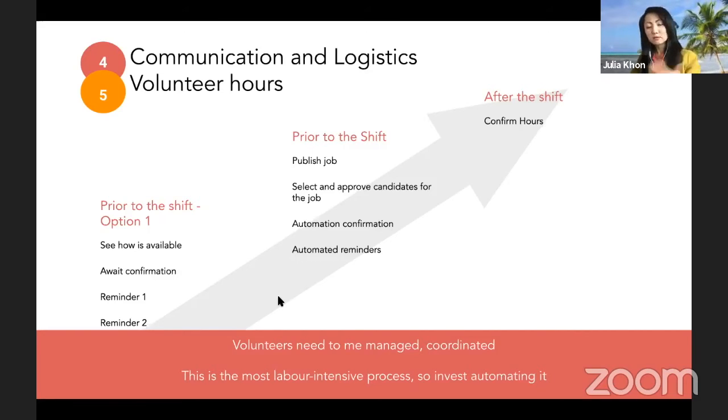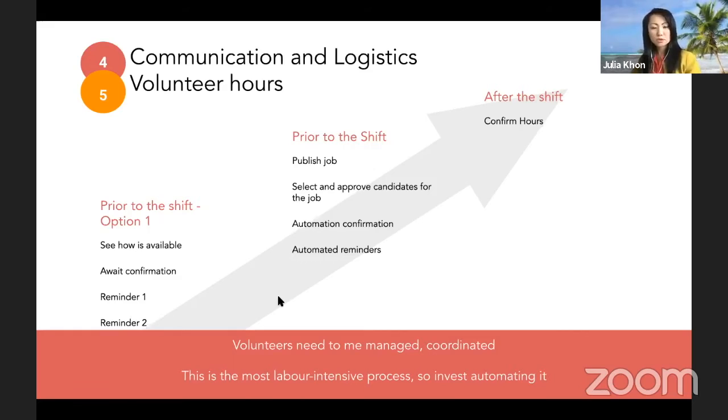And here's another thought. What if we do it in a different way? The column in the middle is option 2. What if we treat our volunteer needs as organizations and companies treat jobs? The only difference in this scenario is that we're not necessarily providing monetary compensation for their services, but the idea is the same.